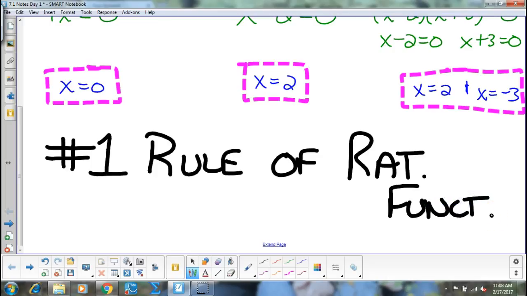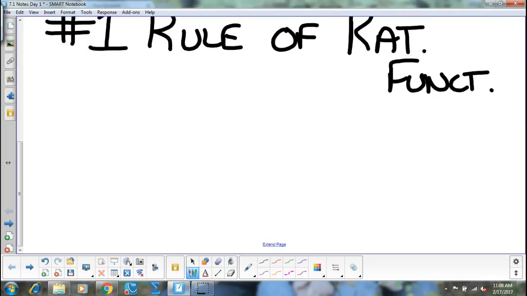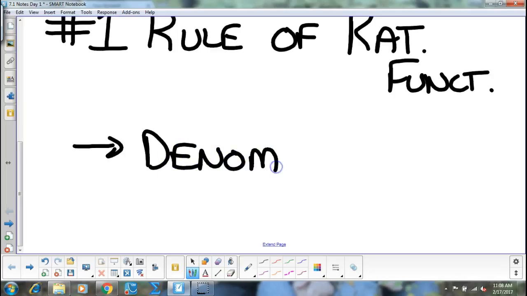So the first rule of rational functions is the denominator cannot equal 0.